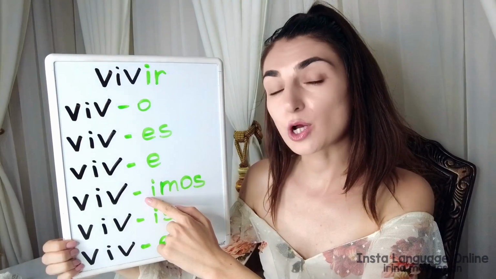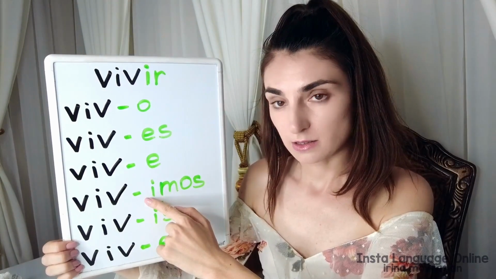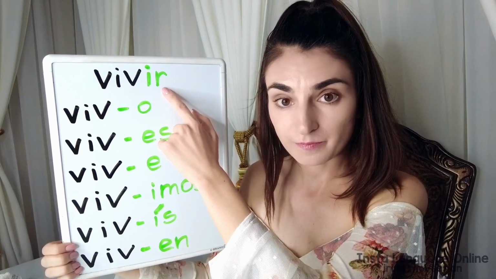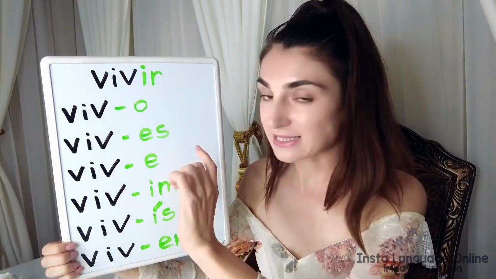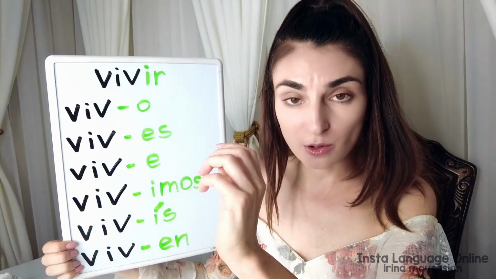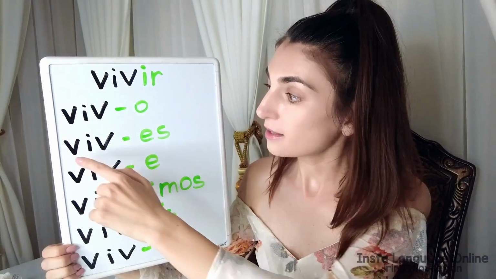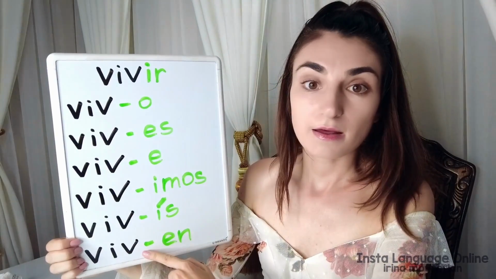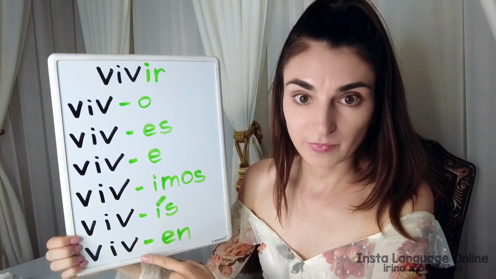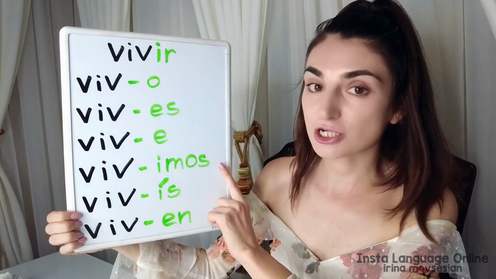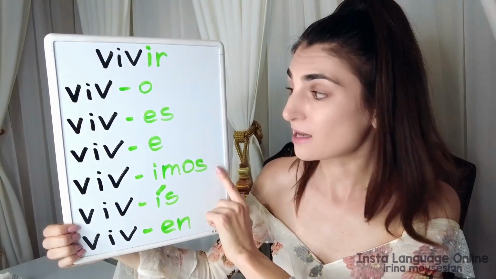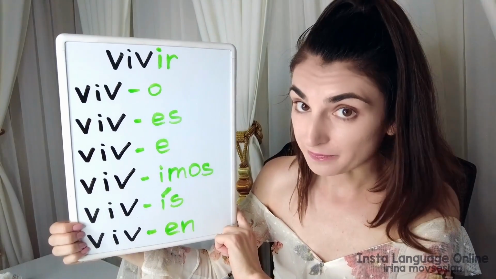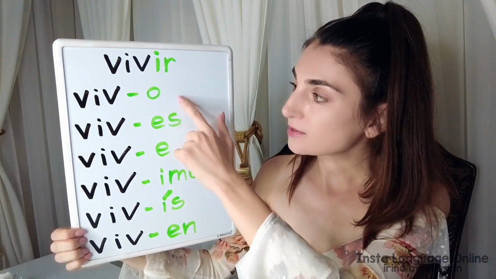That means that when we conjugate the verbs of the third conjugation, we're going to mix the second conjugation with the third conjugation in the forms of tú, él, ella, and ellos. Okay? So pay attention here. You have to memorize where we use e and where we use i. Okay? So now let's look at it.